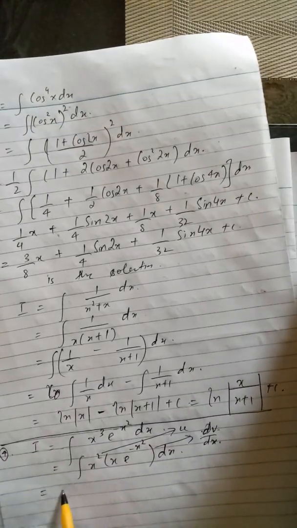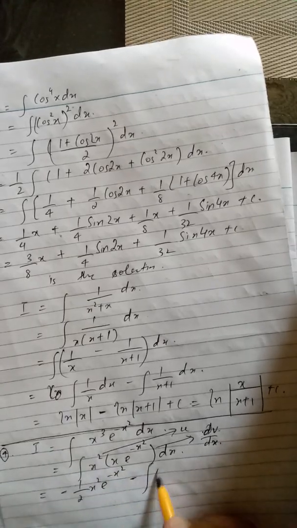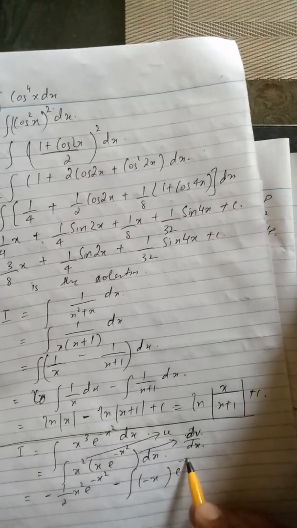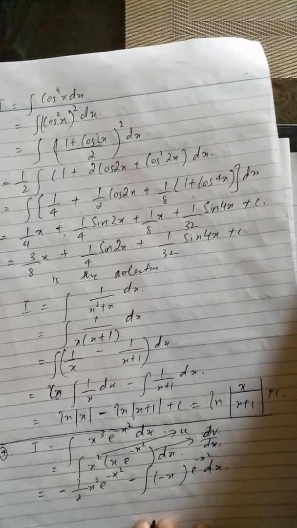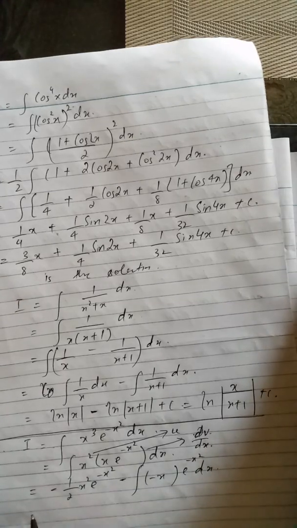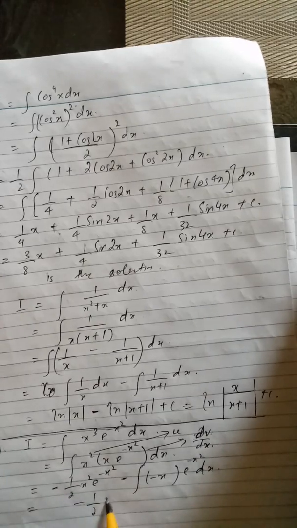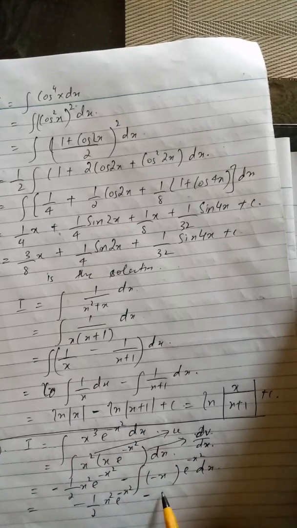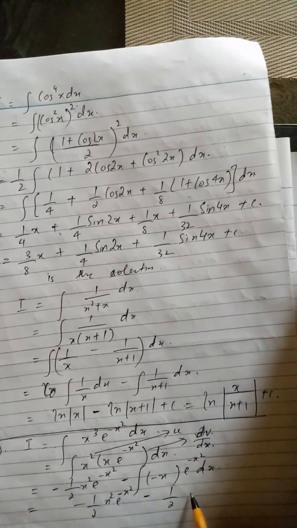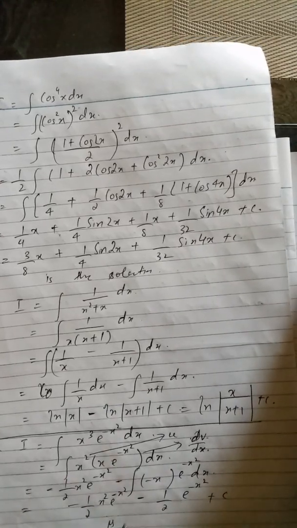Resolving that, you will be able to get the result. Integration by parts you can do by yourself as well; the formula is very, very simple. And then it would be minus one over 2 e^(-x^2) plus c is the solution.